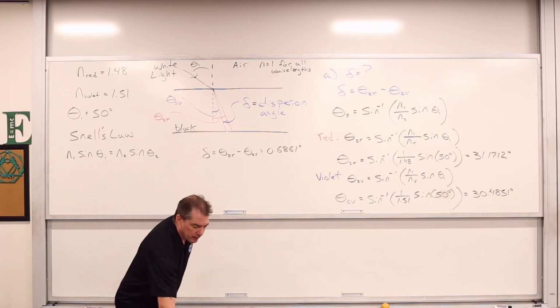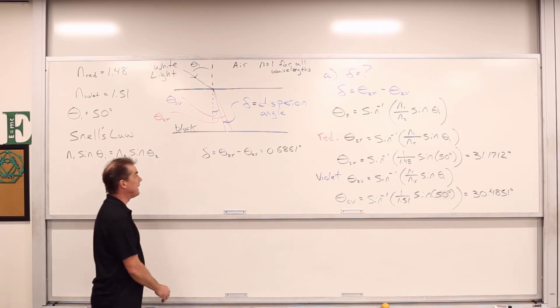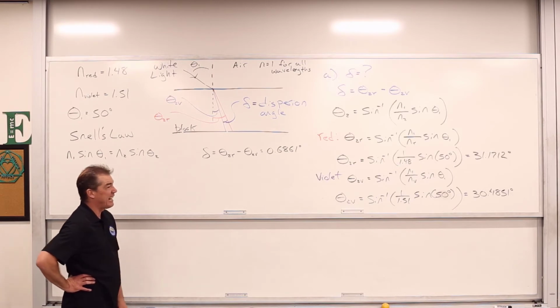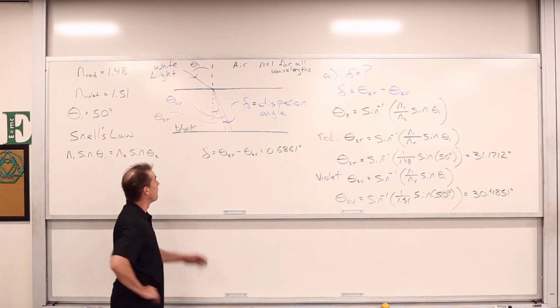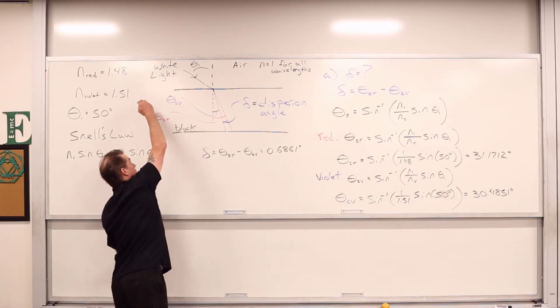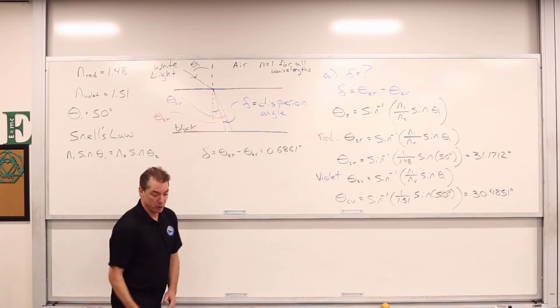So, let us move on to part B, which asks specifically, what is the linear separation between the red end and the violet end on the exit boundary of the block? The block's thickness is 5 centimeters. We'll assume that this top surface is parallel to this bottom surface here.